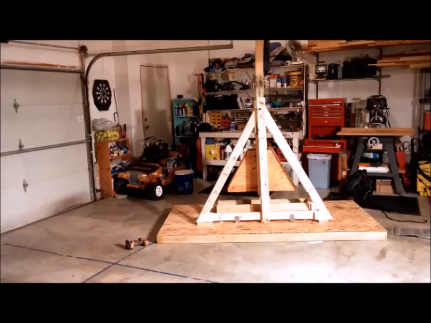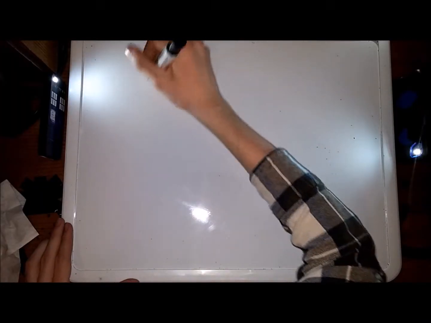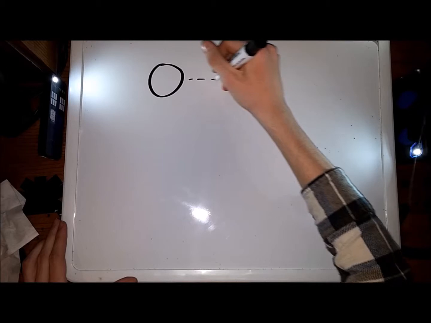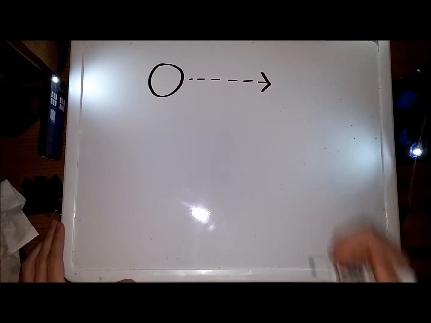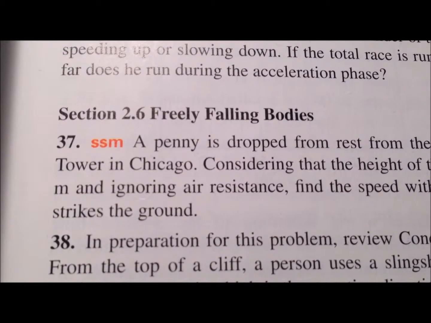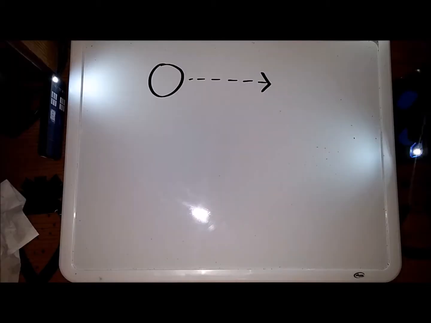A trebuchet is a medieval siege weapon, which basically means it was designed to throw very heavy things a very long way. In other words, it was designed to create projectiles. In the past, when we've predicted the motion of projectiles using kinematics, we've assumed ideal conditions, for example, that air resistance is negligible.